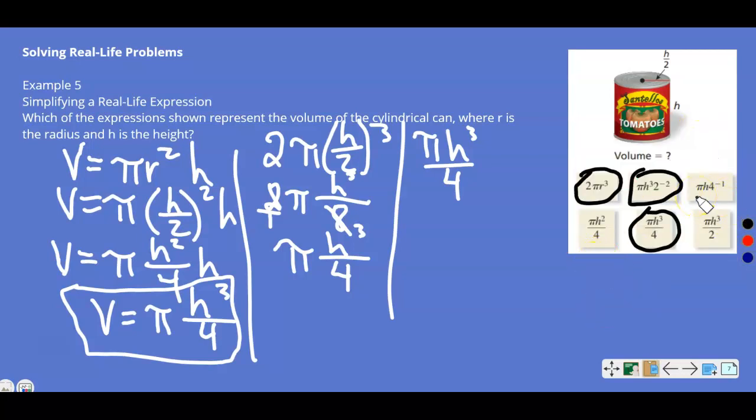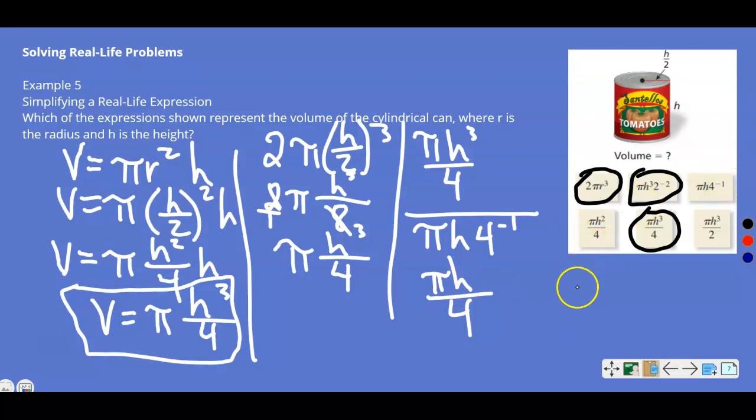All right, here we've got pi h, 4 raised to the negative 1. So let's look at this one. The 4 to the negative 1 will become pi h over 4. We're missing the cube power, so that one is not equivalent. All right, pi h squared over 4.